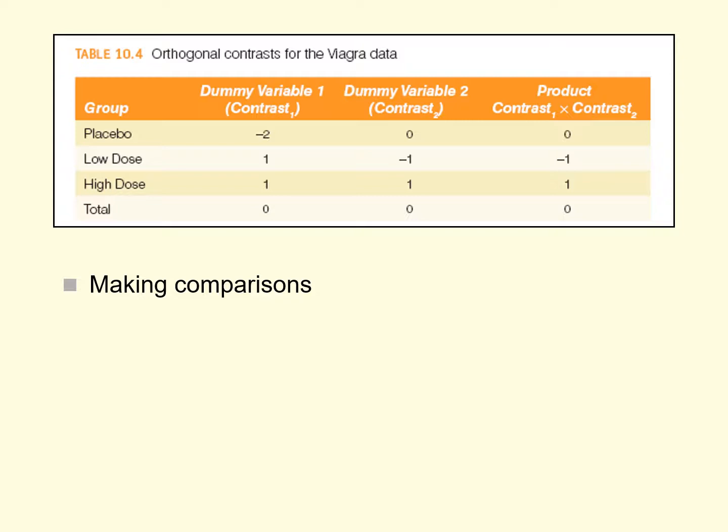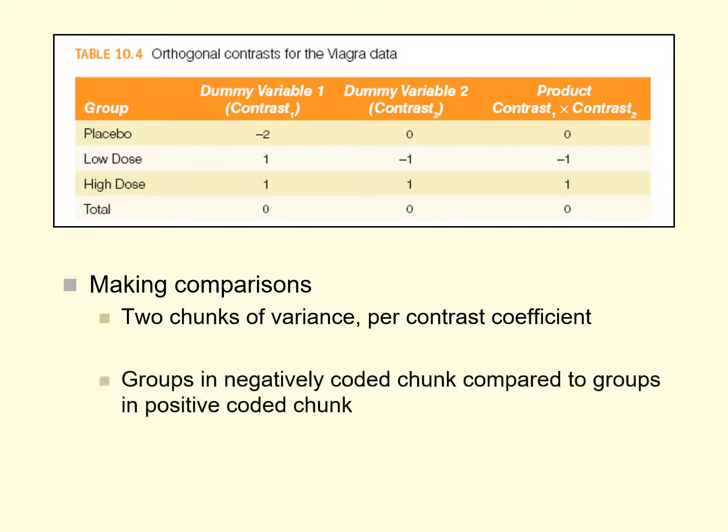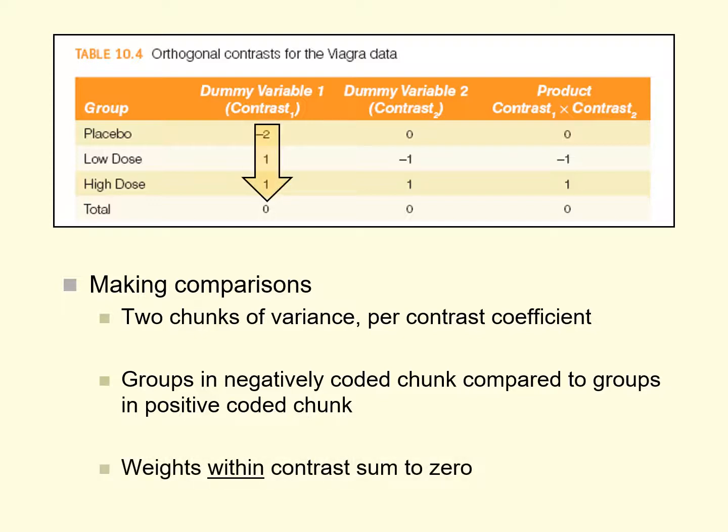In contrast 2, we've got 0 assigned to placebo, -1 assigned to low dose, and +1 assigned to high dose. In each comparison, we're comparing two chunks of variance, and the negatively coded chunk is compared to the positively coded chunk, and within each contrast, the weights sum up to 0, just like I described before.